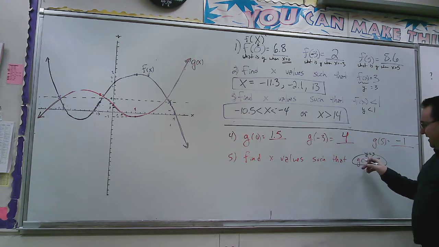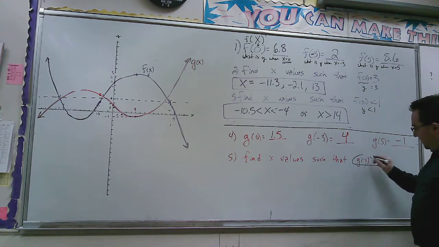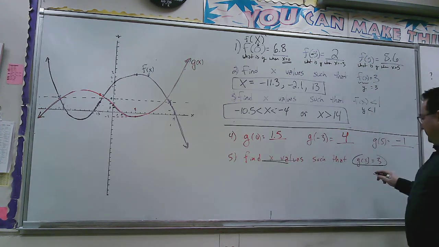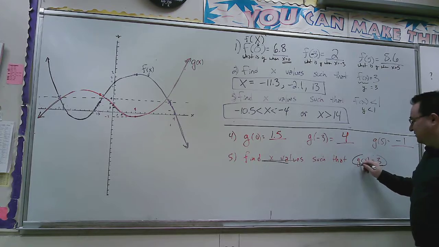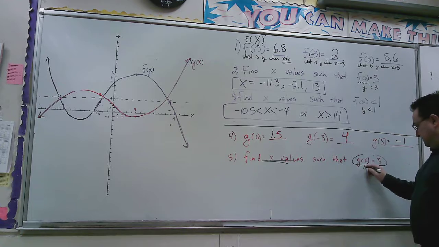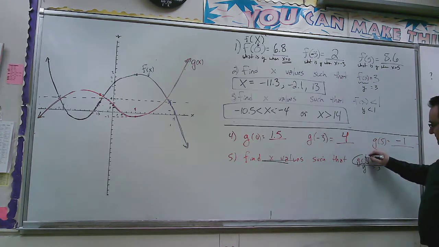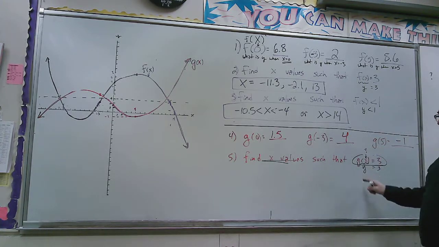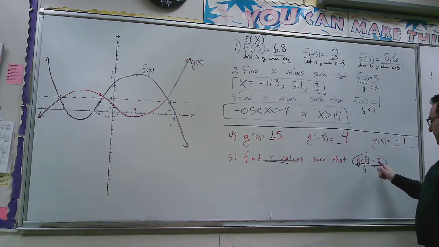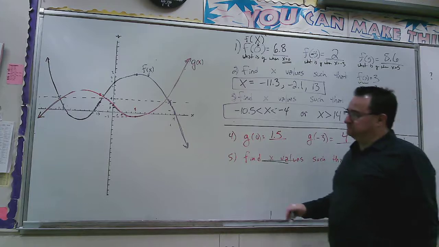What is x on the red curve g when the y value is 3? This whole thing is like a y value. Oh, I'm sorry, I said that really badly. Find x on the red curve g when the y equals 3, when the whole package equals 3.